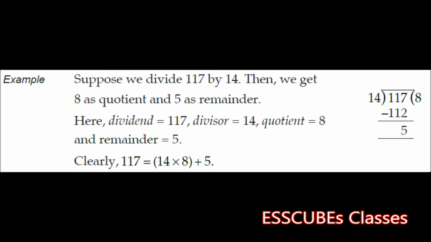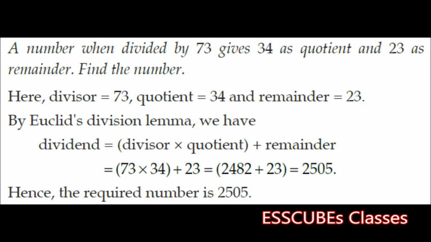Is that easy? If so, let's check with another number. A number when divided by 73 gives 34 as quotient and 23 as remainder, and you are asked to find the number. So in this question, the divisor, quotient, and remainder are given to you.